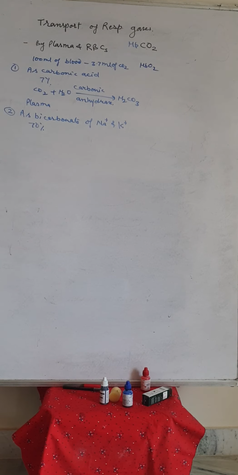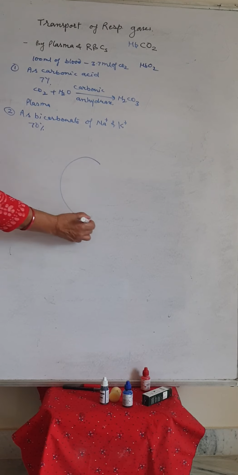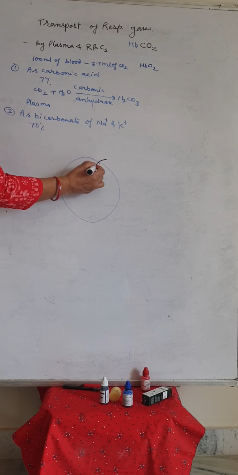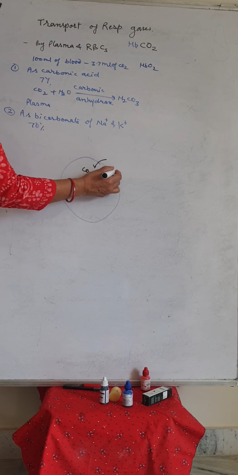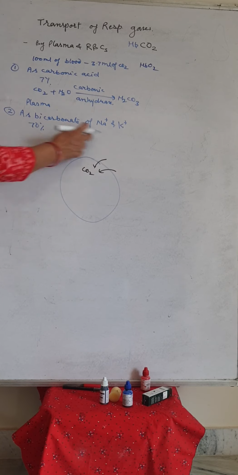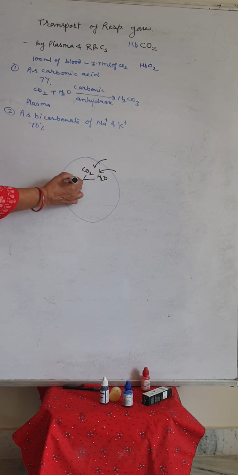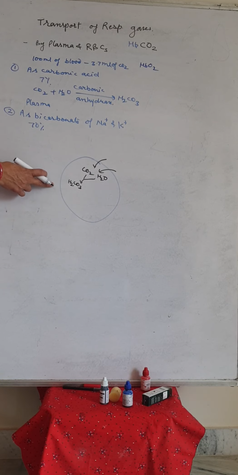Here the CO2 is transported by a process that occurs in the RBCs. For example, this is the structure of an RBC. In the RBC, the carbon dioxide is there, and water, while the plasma is outside. They combine and form H2CO3, that is carbonic acid.